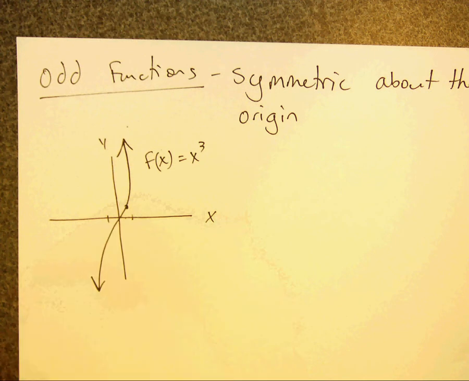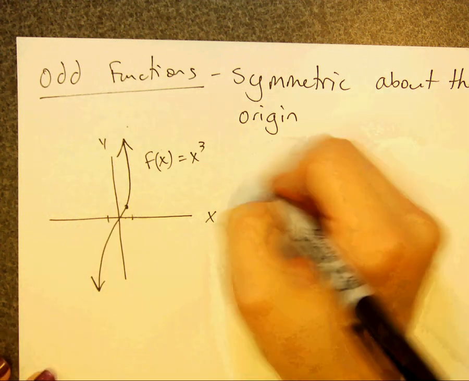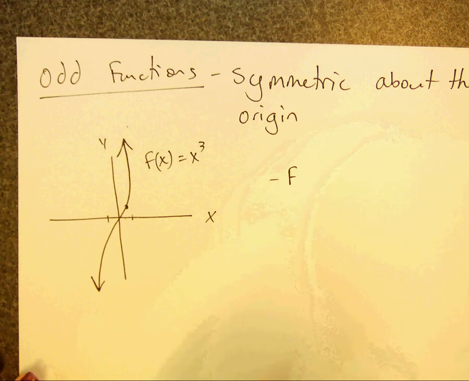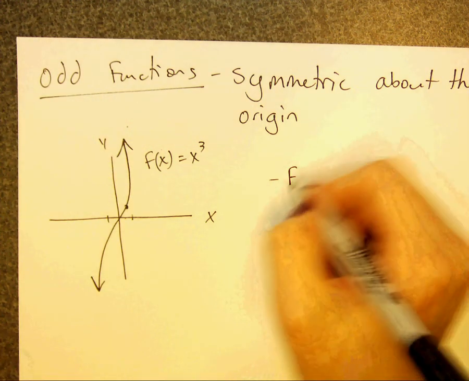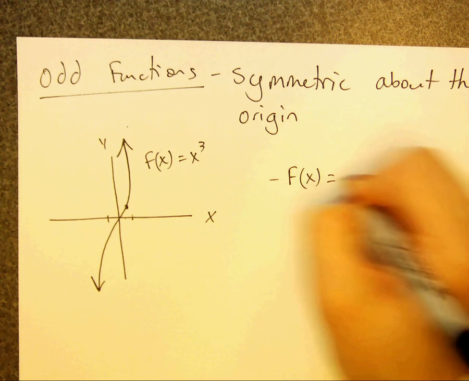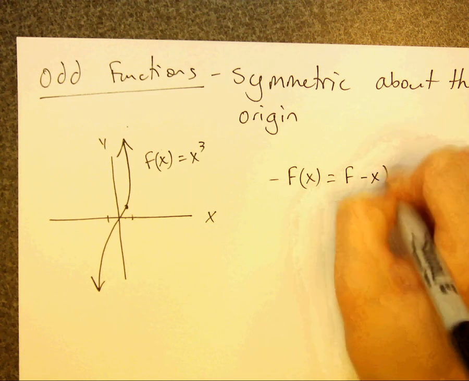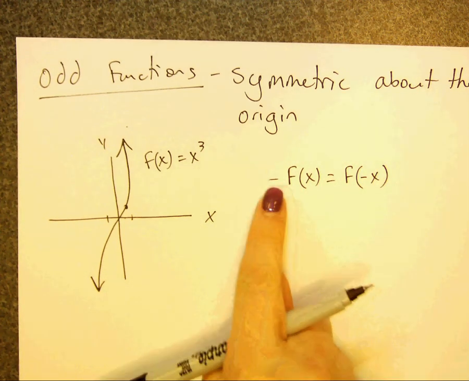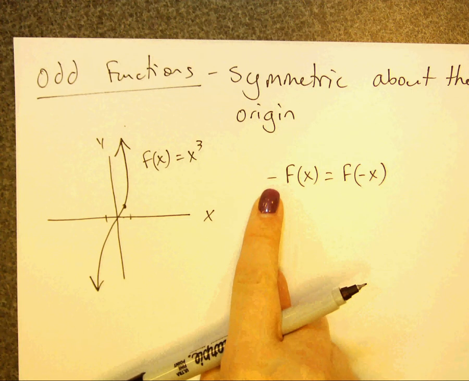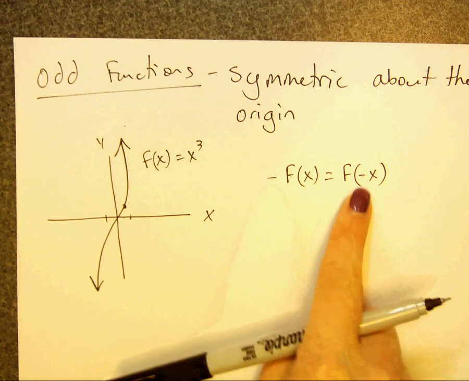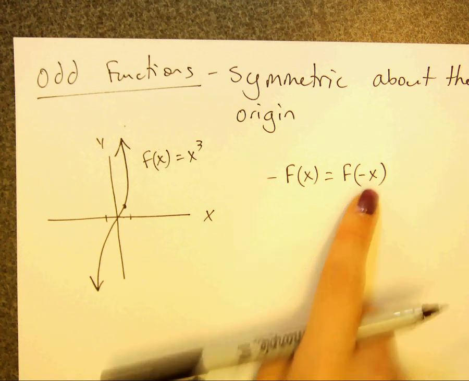So we look at that as if a function is odd, then negative f of x should be equal to f of negative x, right? I should get the opposite value than what I get if I plug in the opposite x value. Does that make sense? Okay.